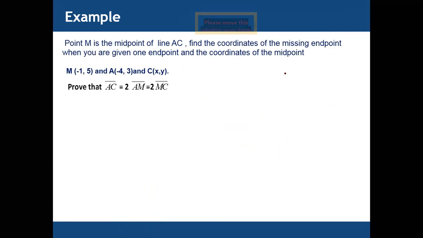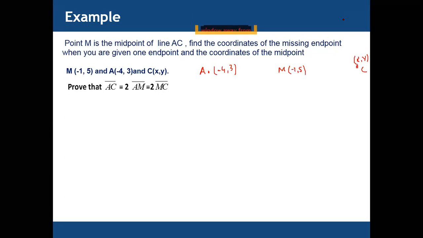In this question, you can see the midpoint is given, point 1 is given, but another point is not given. We have point A, and the coordinates of point A are -4 and 3. The midpoint is also given, and the coordinates of the midpoint are -1 and 5. And the coordinates of C, we don't know, these x and y.